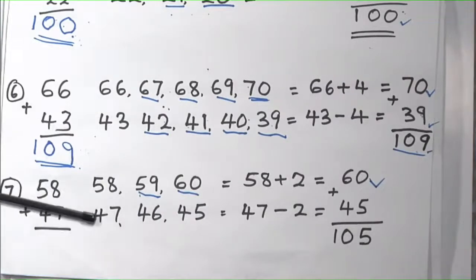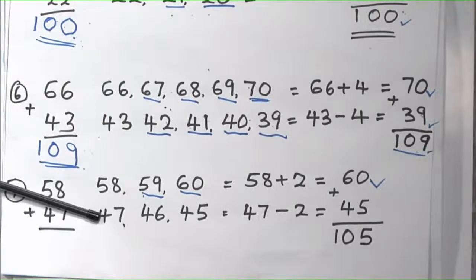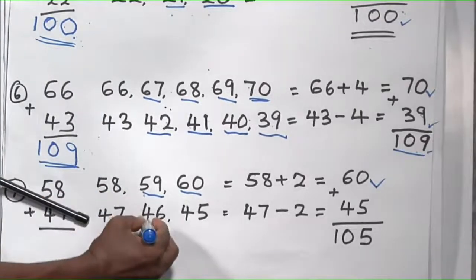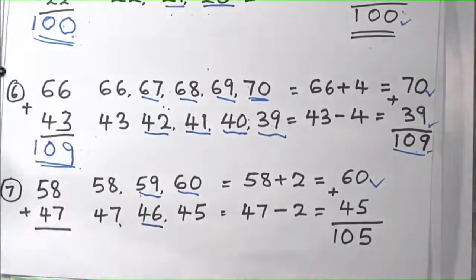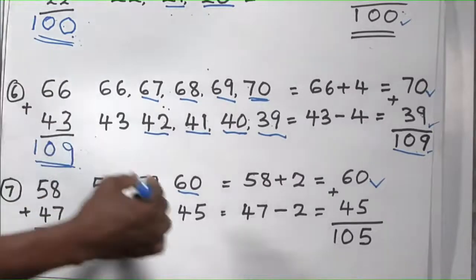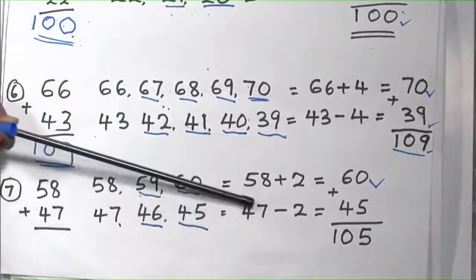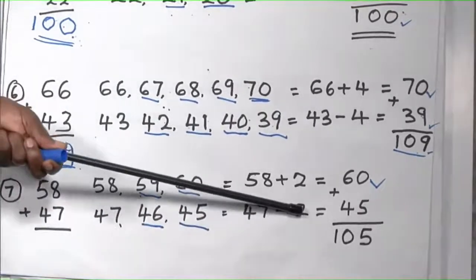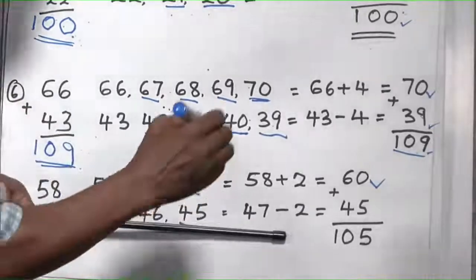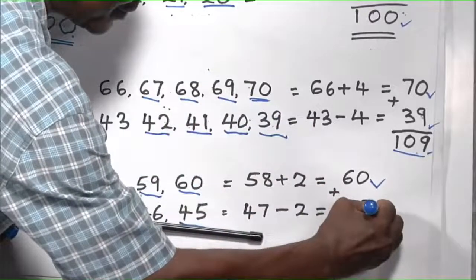When you subtract 1 from 47, you get 46. Again, subtract 1. That will give us 45. So it means 47 minus 2, we shall get 45.